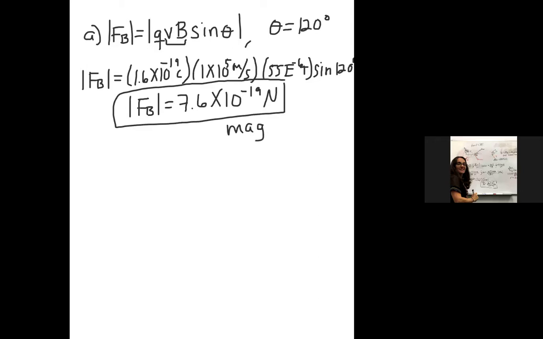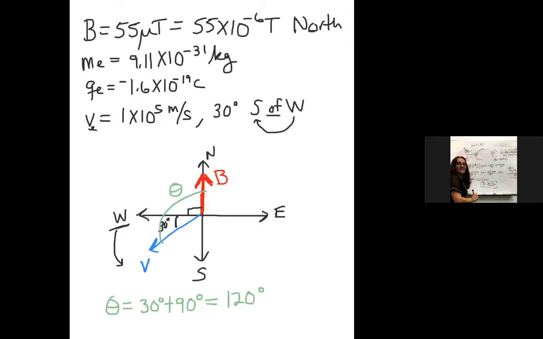Now let's go to directionality. Okay, so south is towards your back, west is towards your left. So you want to point your fingers kind of towards your left back side, but don't use your left hand.